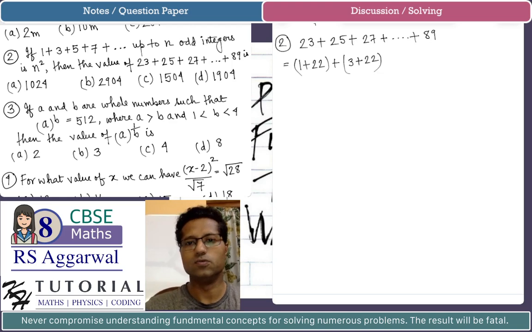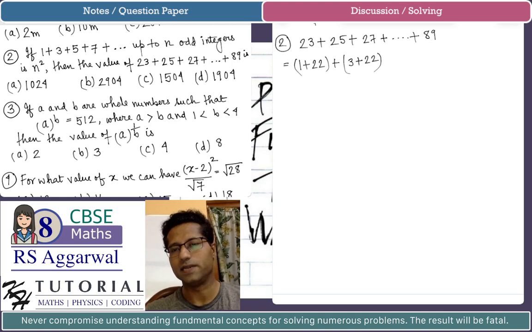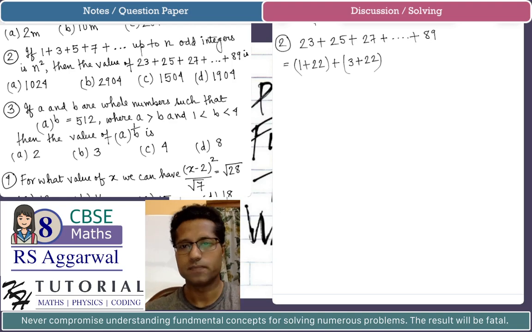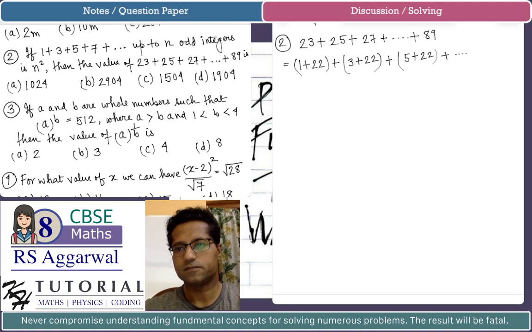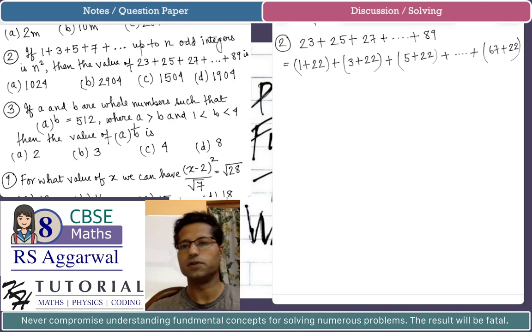It is like 22 has been added to all the consecutive odd positive integers. So 25 is 3 plus 22, 27 is 5 plus 22, and this way 89 will be 67 plus 22.